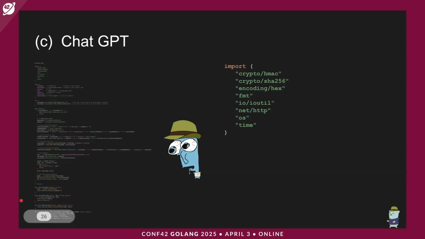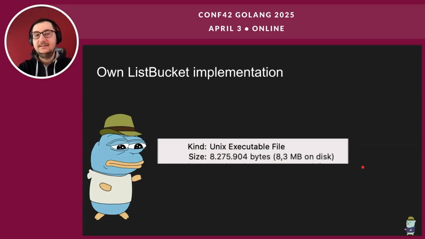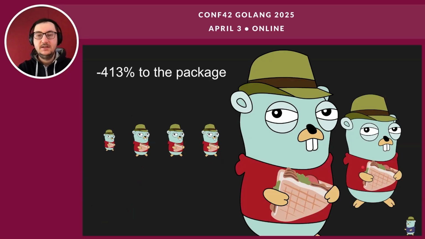Why do we still have this inflated size of the application? You can see it decreased a lot, almost 400% compared to the previous one, but still it's big. What can we do to solve this problem with our application?